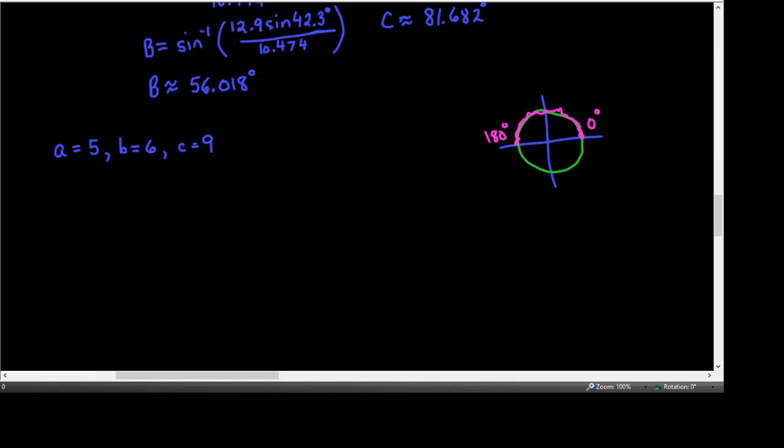So my recommendation here is that I would go for the largest angle with the law of cosines. If that's what you're doing, finding an angle using law of cosines, find the largest one with it.